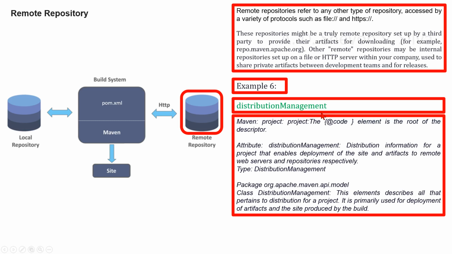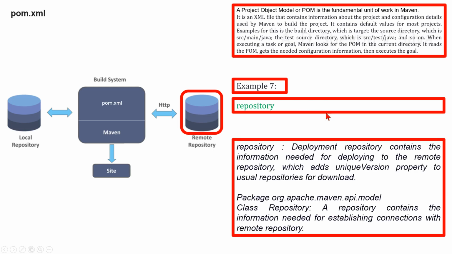The distribution management element provides distribution information for a project that enables deployment of the site and the artifact to remote web servers and repositories effectively. Type: distribution management. Regarding API, the class DistributionManagement in package api.model. This element describes all that pertains to distribution for a project. It is primarily used for deployment of the artifact and site produced by the build.